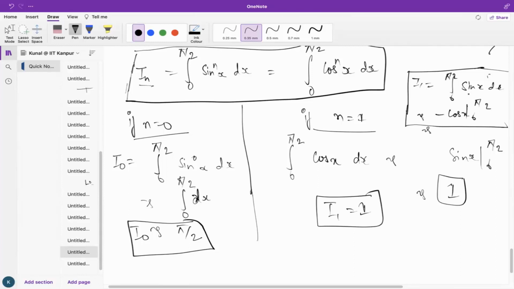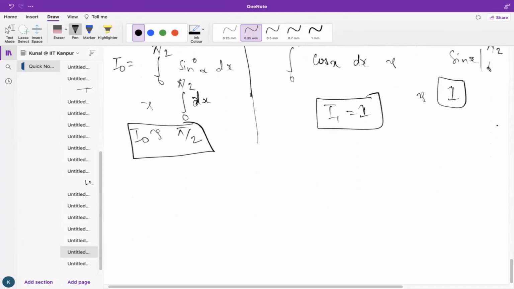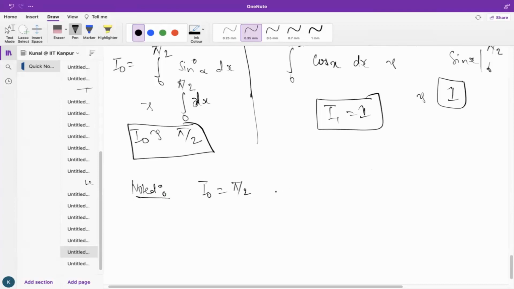When we substitute the limit here, cos pi by 2 will be 0, cos 0 is 1. So overall we get 1, right? So what to note here is that I_0 value is pi by 2 and the I_1 value is 1.